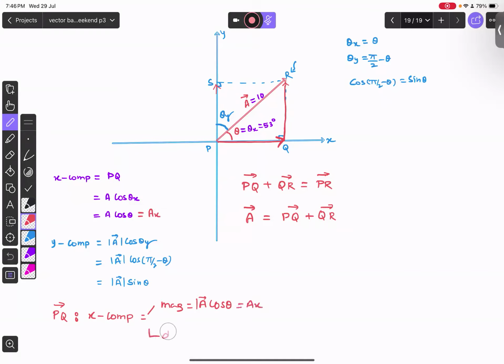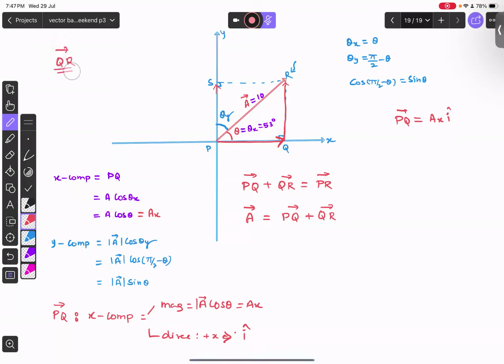And what direction is it along? Plus x-axis, and for that we use the unit vector i cap. So if I write PQ vector equal to AX i cap, it is totally fine to do. Same way you check out QR.